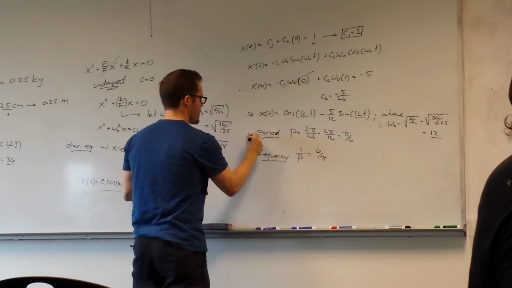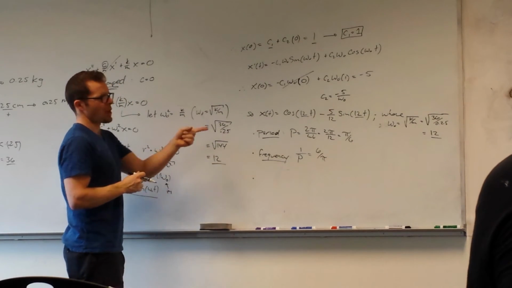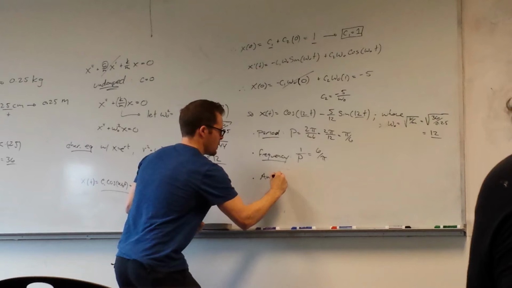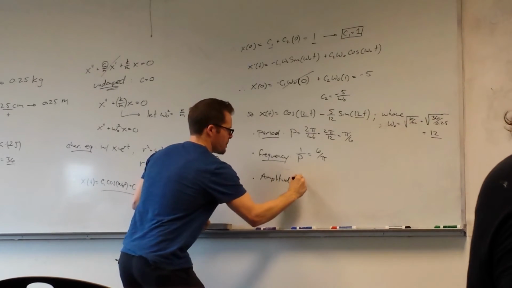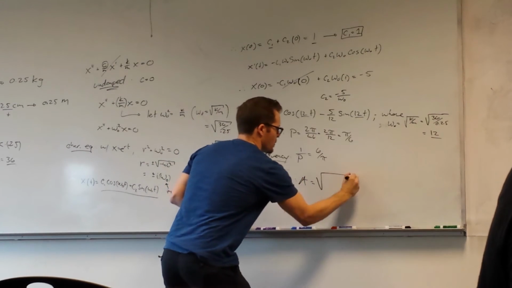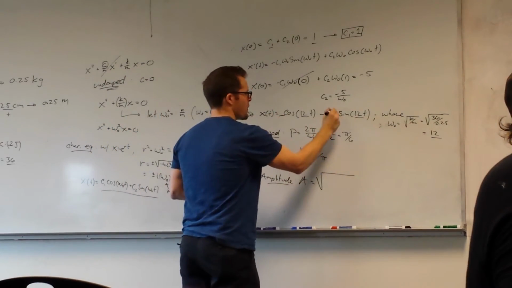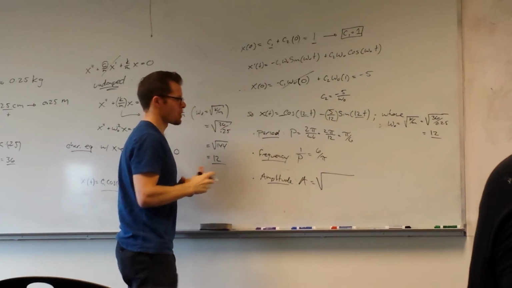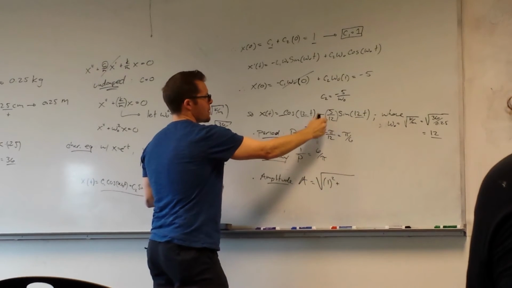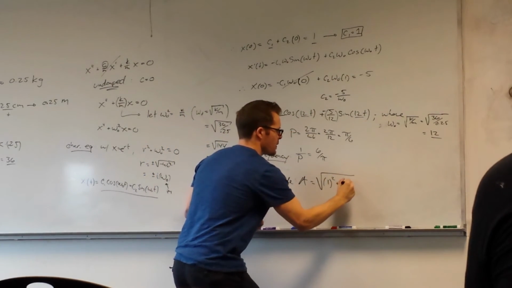And then here's the other thing that I will expect you to know how to do. We talked about last time, I brought my trig book, the amplitude. It's just the square root of the sum of the squares of the amplitudes of the separate functions. So it's going to be the square root of 1 squared plus, it doesn't matter that it's negative, 5/12 squared.